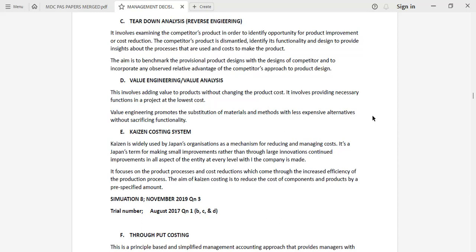They are the ones that are going to help us make sure that they can analyze the competitor's product, and they can analyze everything.